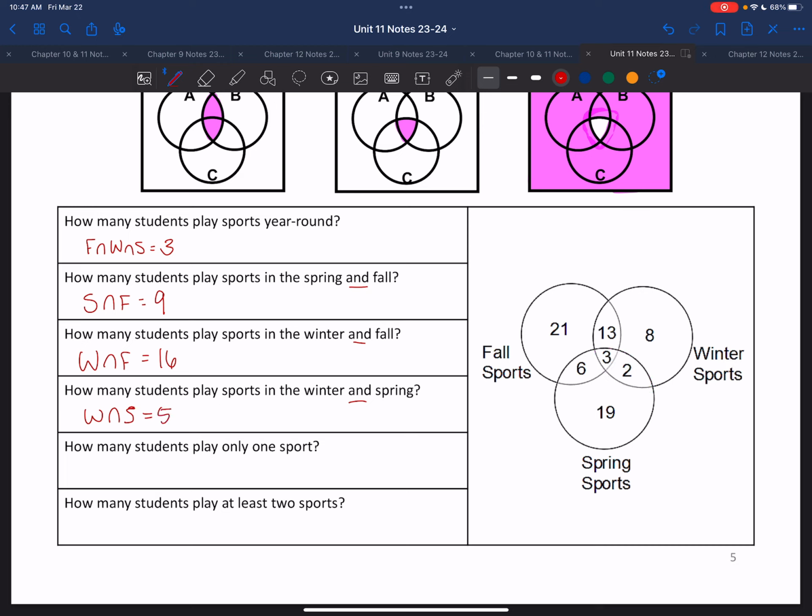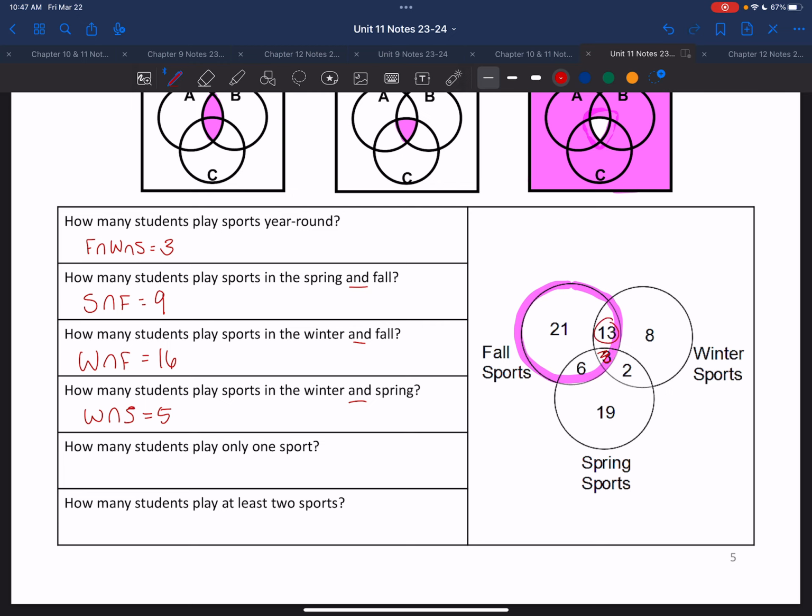Next one, it says how many students play only one sport? Okay, so you want to look at each season individually. So this circle right here represents all the students that play fall sports, right? But if you look more specifically, the 3 represents they play all three seasons, so that one doesn't work.